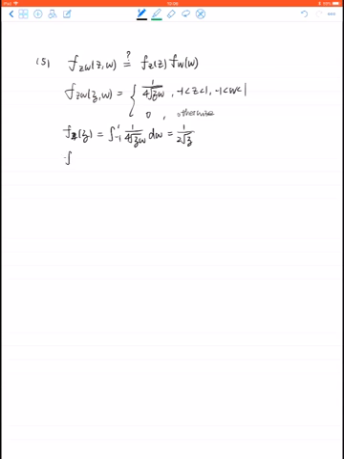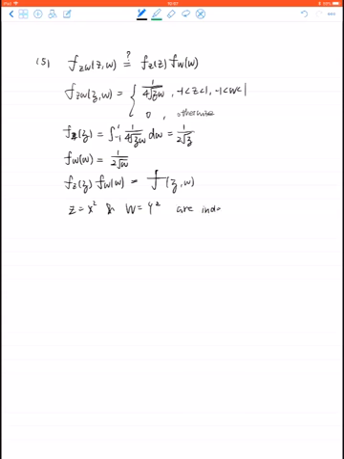And as follows, the marginal function of W, f_W(w), actually equals 1 divided by 2 times the square root of w, too. So we have already found that the marginal density functions f_Z times f_W actually equal the joint function of Z and W. So in this case, we know that Z equals X squared and W equals Y squared are independent.